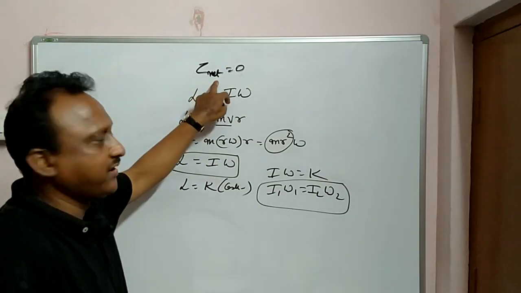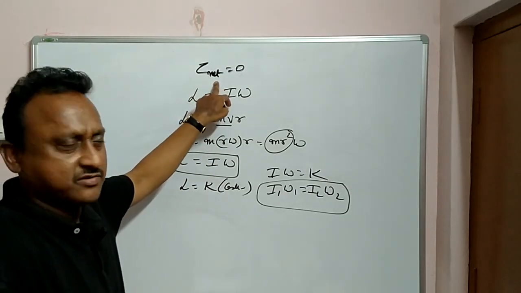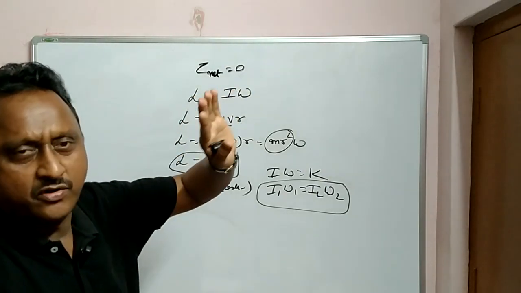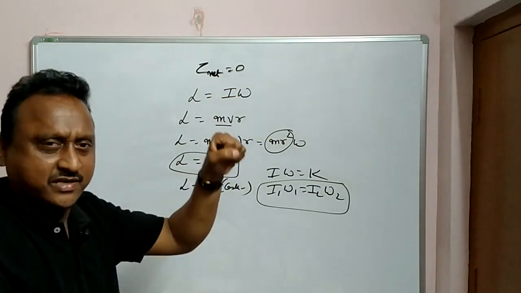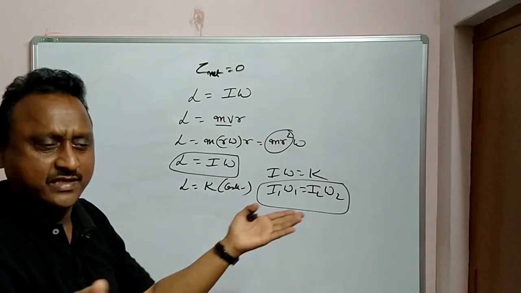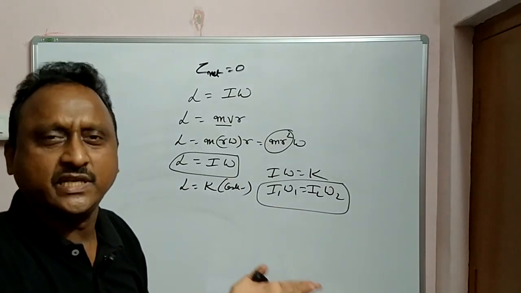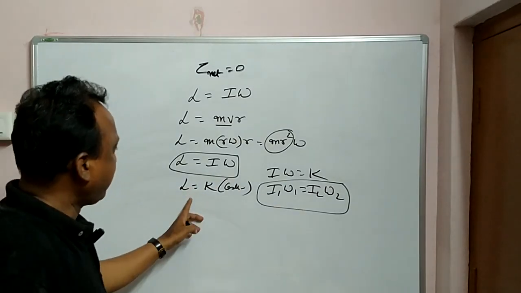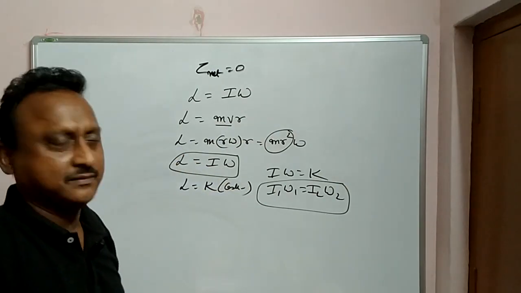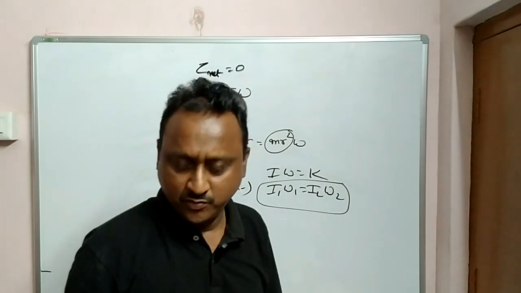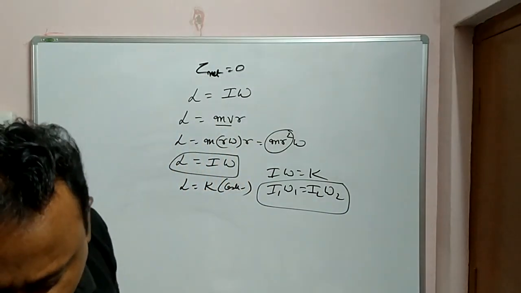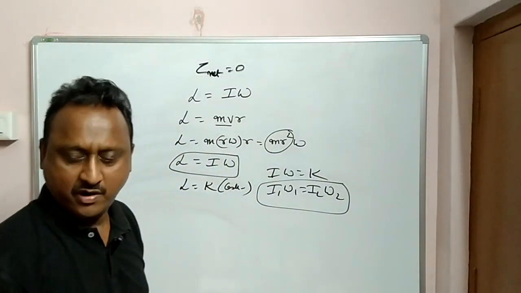When net torque is zero, rotation is not there. For example, when there is no rotation, torque zero అంటే అర్థం ఏంటండి? There is no rotation. Clockwise కానీ anticlockwise rotation అంటే equilibrium ఉంది. System is in equilibrium, rest position. So then what happens? L is equal to I omega. So then I1 omega 1 is equal to I2 omega 2. So these formulas are very very very important.